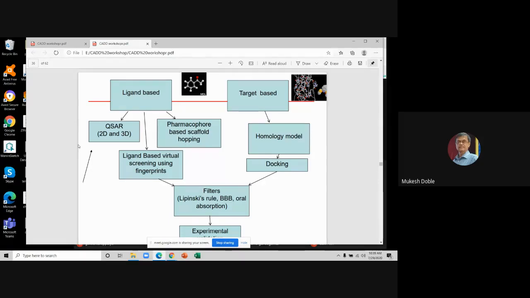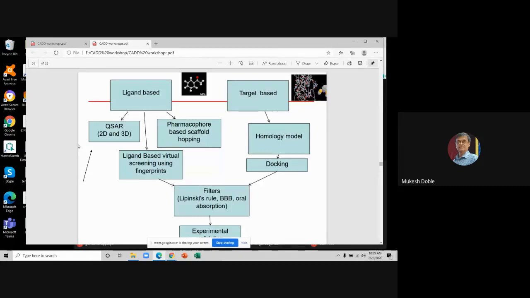So I need to know the experimental numbers to start with. Then I develop a QSAR, and I can predict the activity of some new molecule. That's the advantage of QSAR, but I should already have activity numbers for some known molecules to start with.